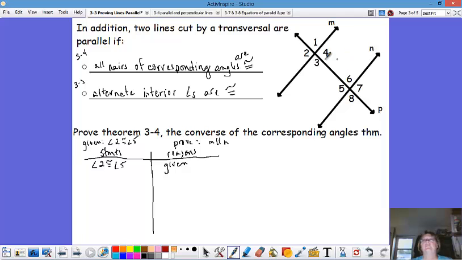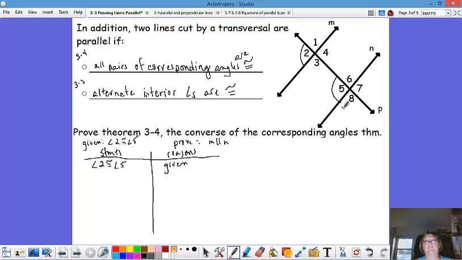And remember, the postulate, the thing that we have to base our work on, says that we know these lines will be parallel if a pair of same side interior angles add up to 180. That's going to be the deal.